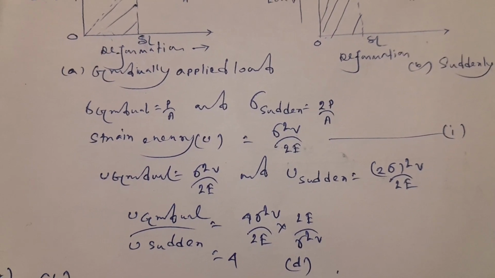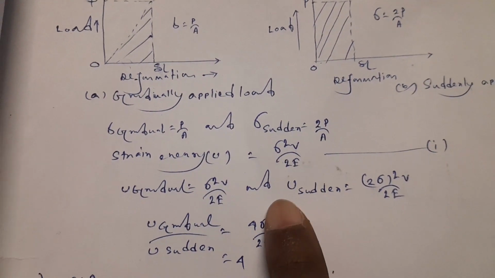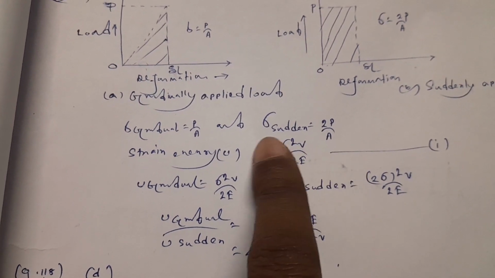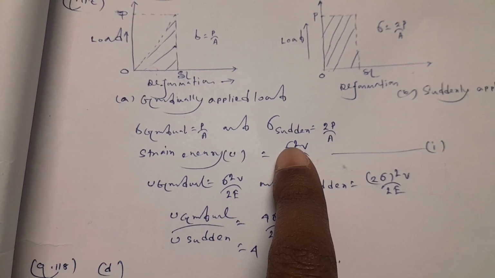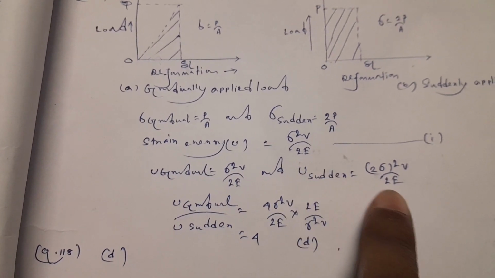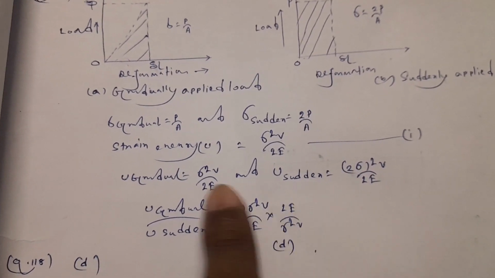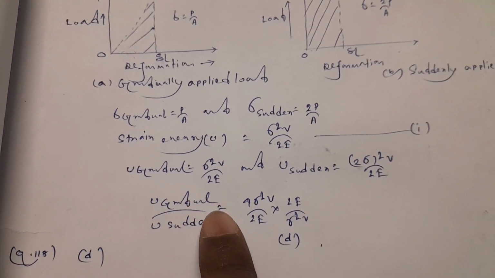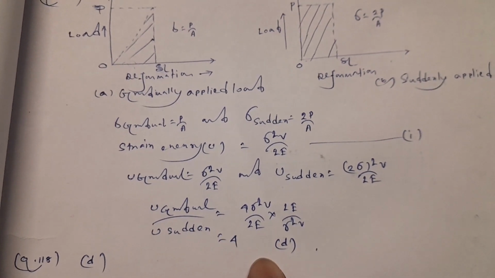So strain energy we know U equal to sigma square V divided by 2 into E. V is the volume of the material of the body, E is the Young modulus of the material of the body, and sigma is the stress. So U gradual will be sigma square V by 2E, and U sudden will be 2 sigma square V by 2E. So if we make the ratio U gradual by U sudden, which will be equal to 4.